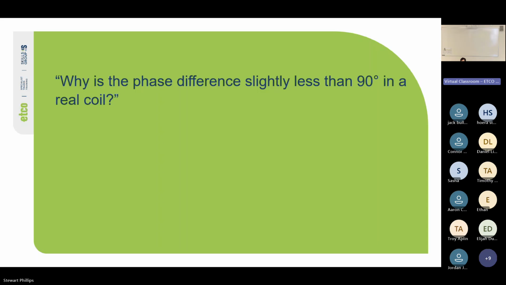The phase difference isn't always going to be exactly 90 because of something to do with the coil itself.